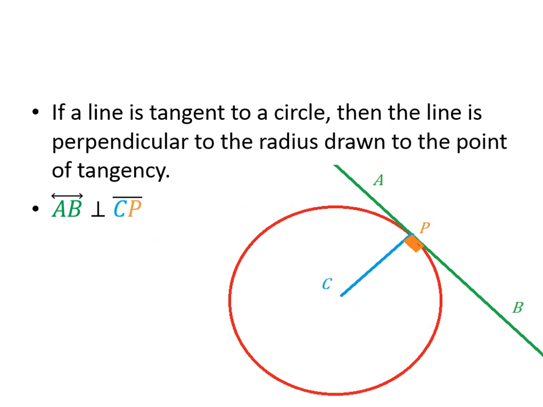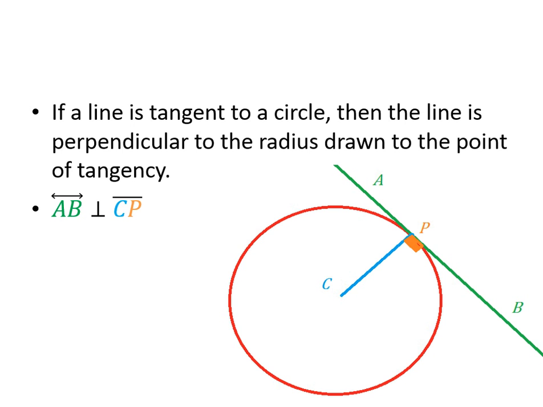Now some of the properties, some of the theorems that tangents have. If a line is tangent to a circle, then the line is perpendicular to the radius drawn to the point of tangency. So if I have any circle, and I draw a tangent line, and then I draw the radius from that point of tangency, it will always be 90 degrees.